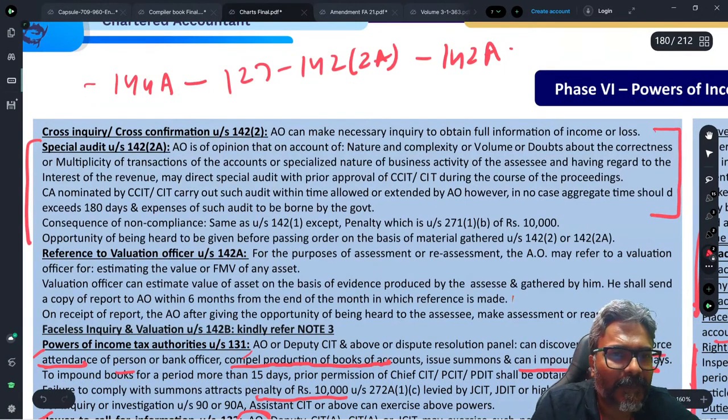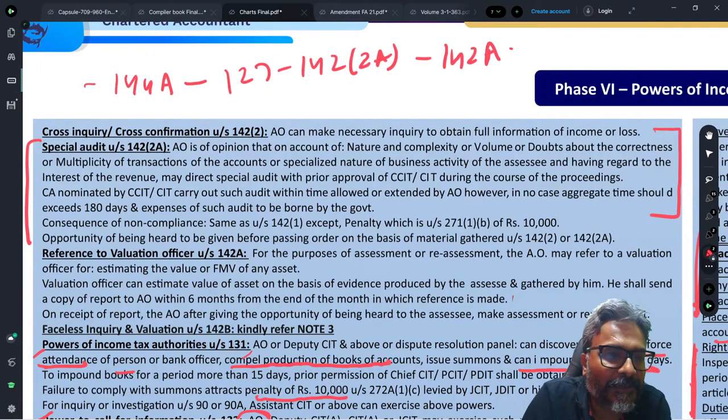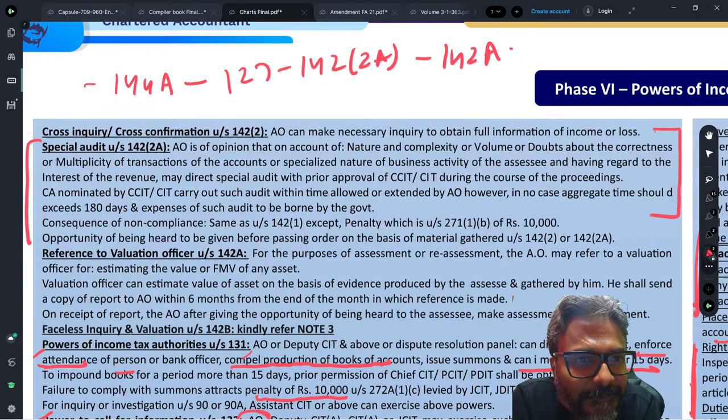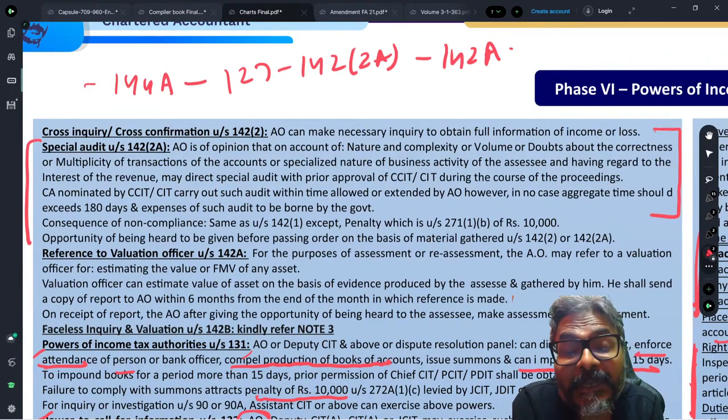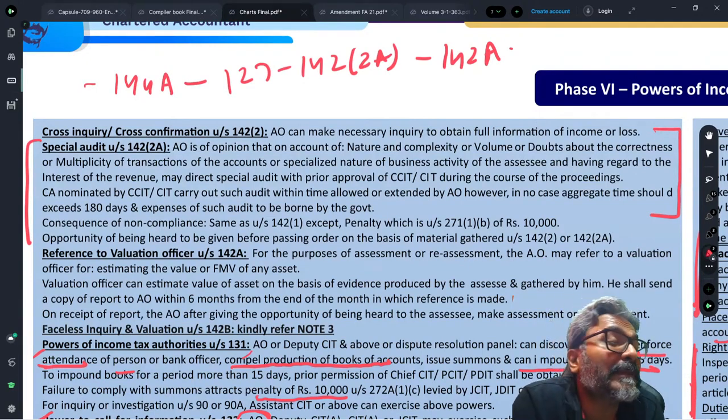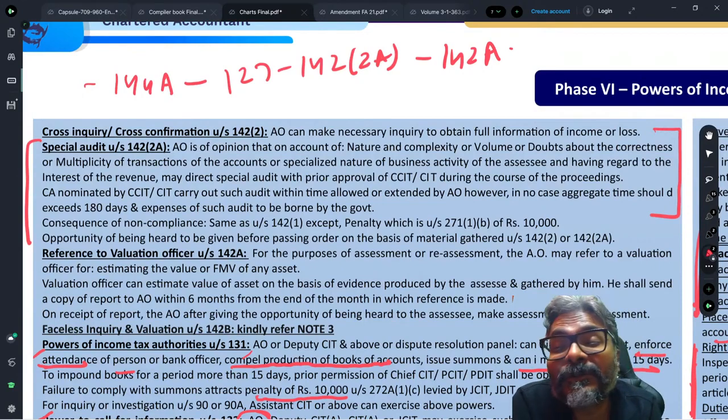The AO will now want to do this assessment, but he does not understand the ABCD of a stockbroker's books. So he cannot understand anything, and he wants a special audit done. He makes an application to the CIT to kindly approve the special audit.